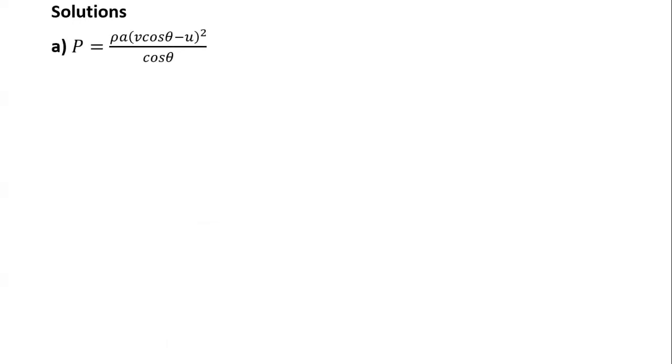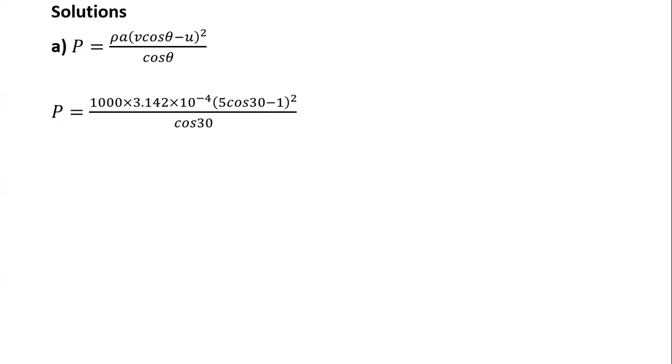So our force is density times area, then we have (v cos theta minus u), everything in the brackets, squared over cos theta. So P is equal to, density is 1000 times 3.142 times 10 to the negative 4, then (5 cos 30 minus 1).